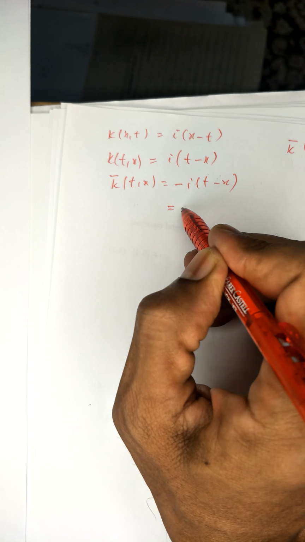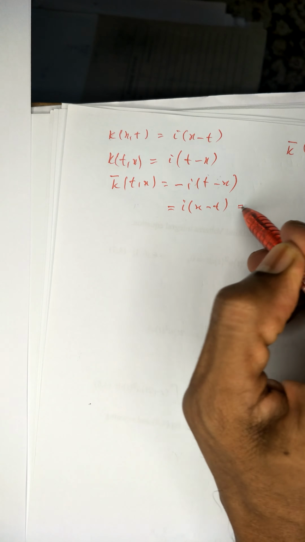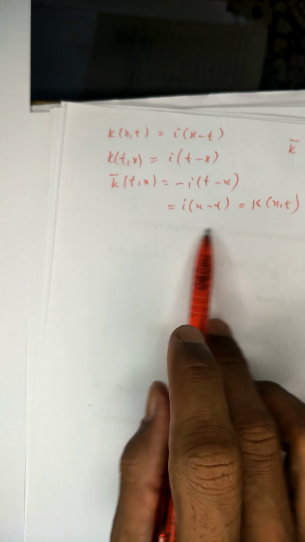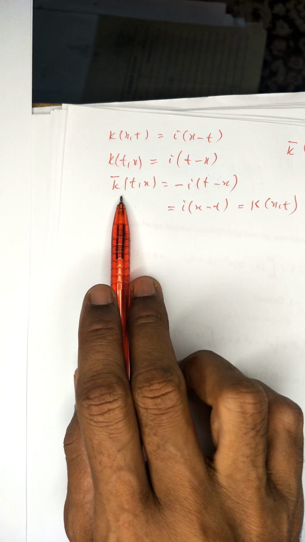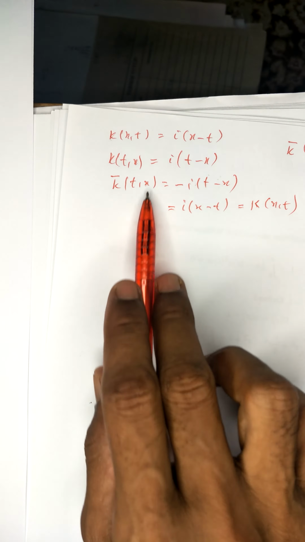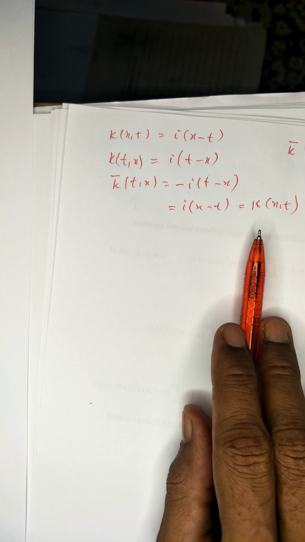You can also write this as i(x - t), which is K(x, t). So we can see that the conjugate of K is equal to K. In this case we call it a symmetric kernel or Hermitian kernel.